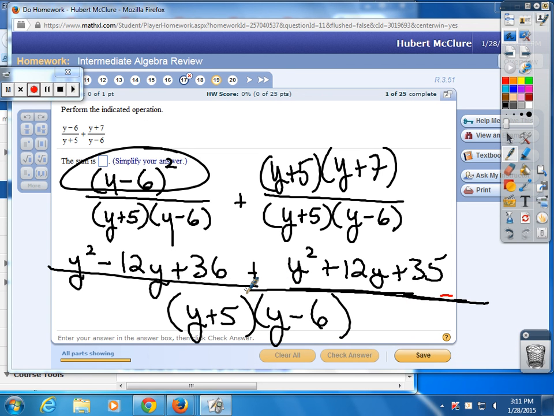And now you're ready to CLT. What's CLT? Whenever you distribute, because here we basically distributed. If you take the shortcuts and you take the FOIL method back far enough, basically what are you doing? You distribute, right? Whenever you distribute in an algebraic equation or expression, what is your next step? Combine like terms. Always combine like terms.